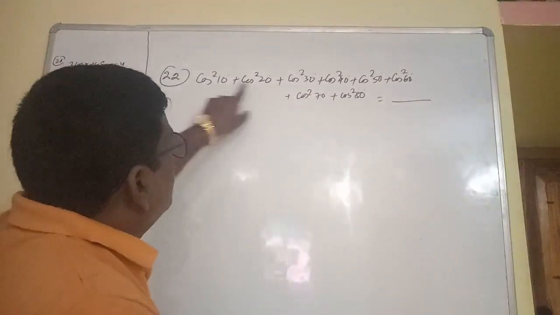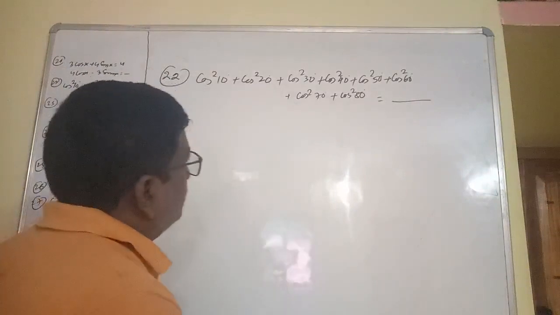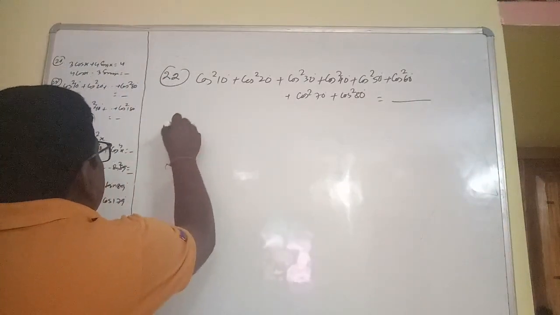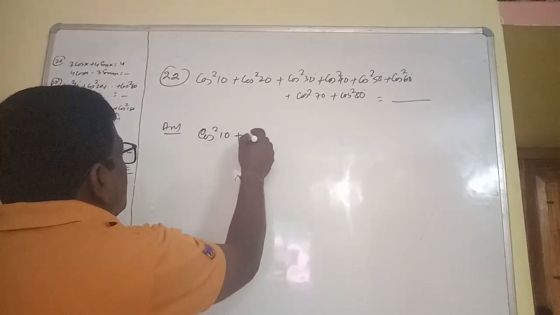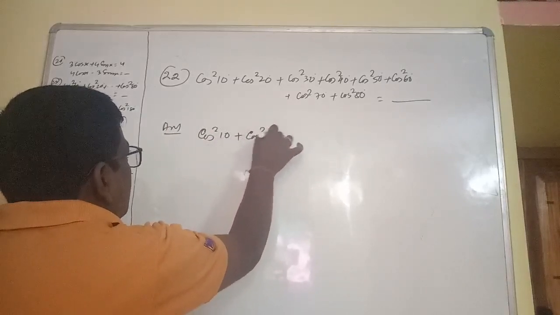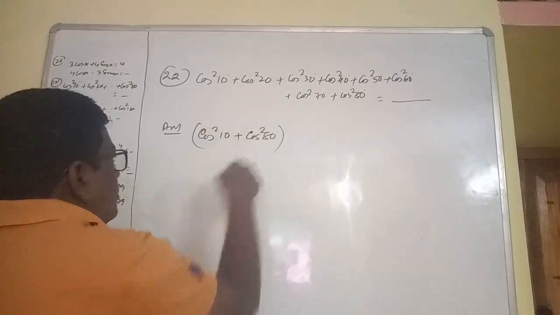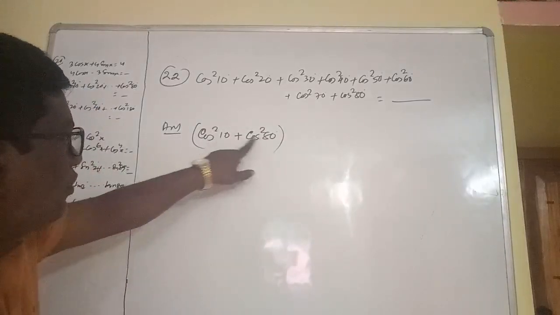Now cos square 10 and cos square 80. Right, cos square 10 plus cos square 80, the angles total 90, 10 plus 80 is 90.